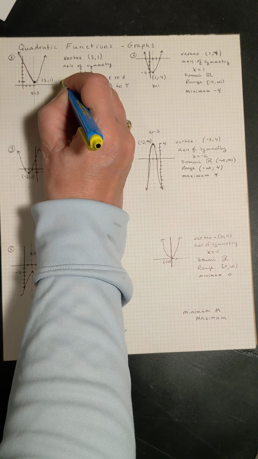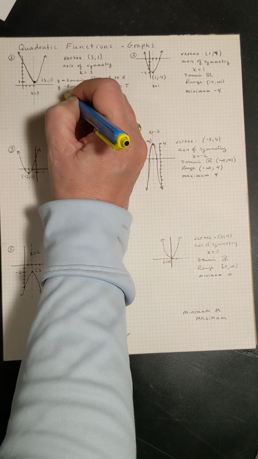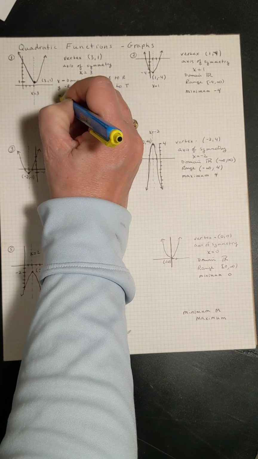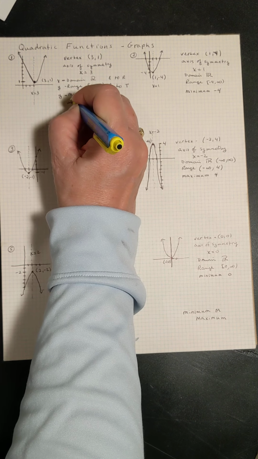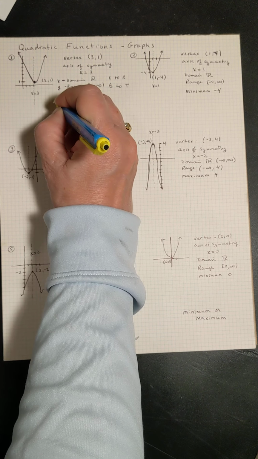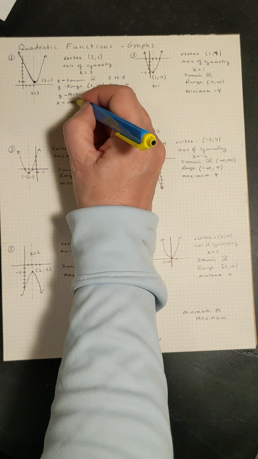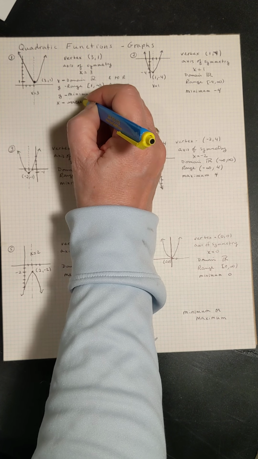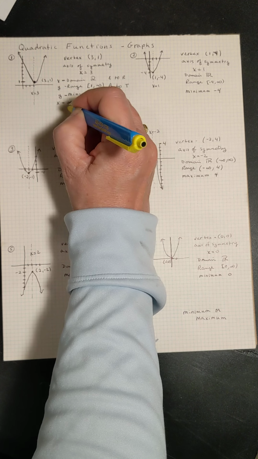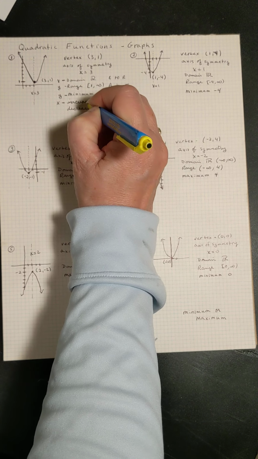Okay, so domain is x coordinates, range is y coordinates, minimum or maximum y coordinates, but with increasing and decreasing, it's always going to be the x coordinates of the vertex that you're using. So this one is increasing on part of the graph, and it's decreasing on part of the graph.